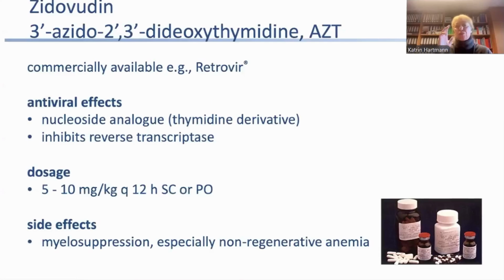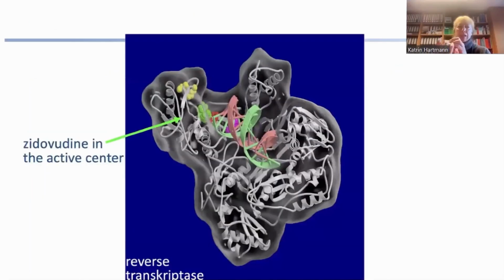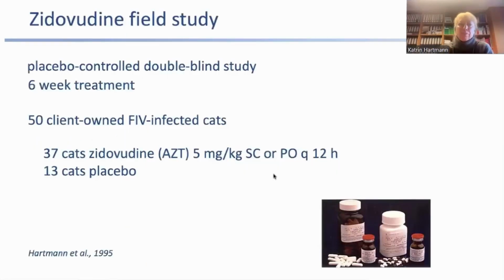So we have to control the hematocrit in these cats when we use zidovudine. It inhibits the enzyme reverse transcriptase, so it's a nucleoside analog. It blocks the active center in the enzyme reverse transcriptase, and this is how it works as an antiviral.